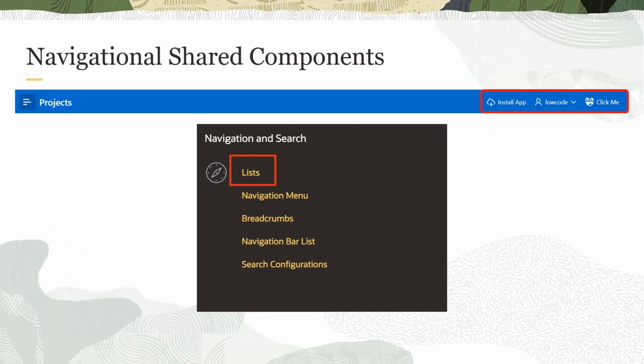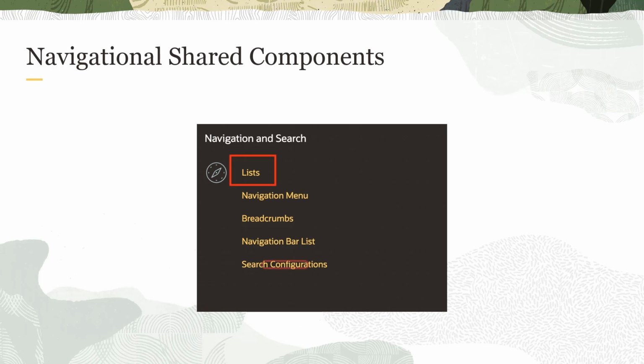Navigation bar entries can display as a link from an image or a text. A navigation bar entry can be an image with text beneath it, or simply text. Search configurations. This is a new component introduced into Apex 22.2 to add declarative searches to an application by creating search configurations that contain information about a searchable data source.